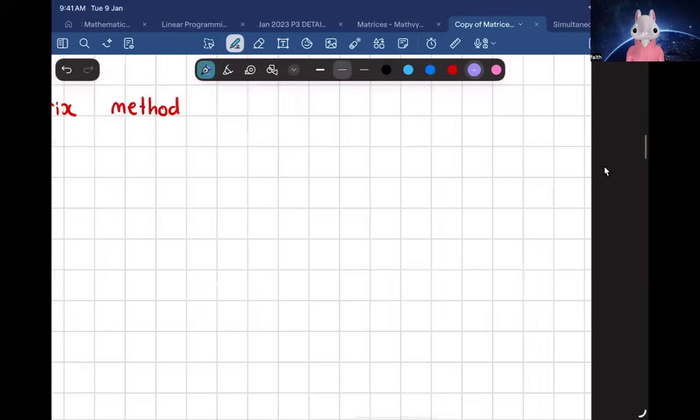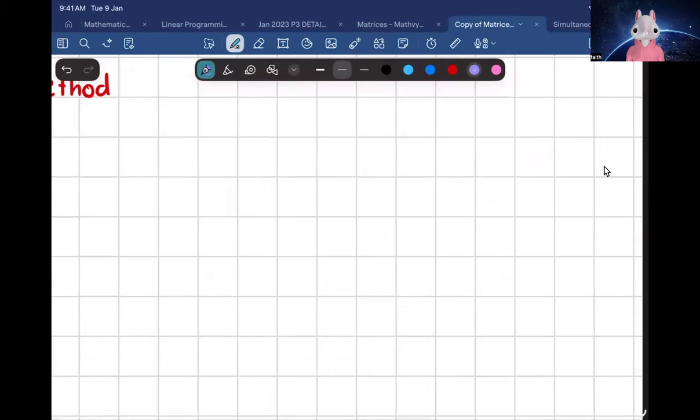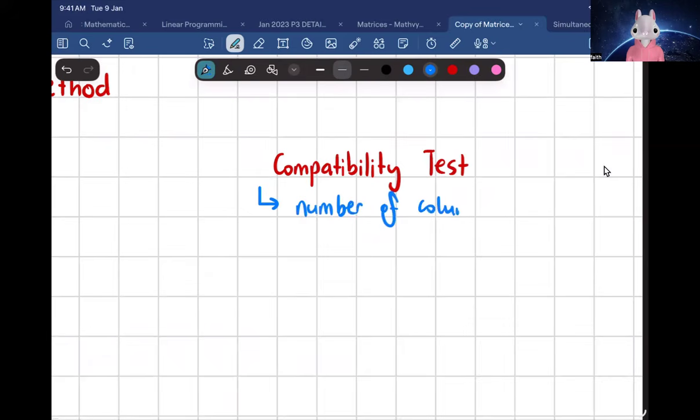To see if two matrices are compatible, there is a compatibility test. Two matrices are compatible if the number of columns in the first is equal to the number of rows in the second.